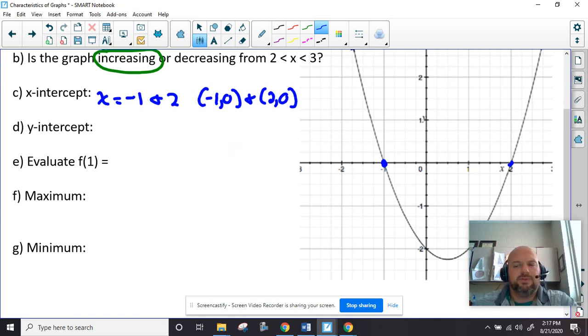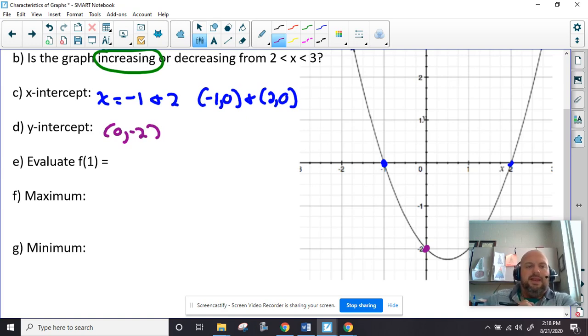And you kind of have to really read, like on the homework later, really read it, because this is a matching type thing, and for this problem, it will say like coordinate or x value or y value. All right. Now, our y-intercept, where does it touch the y-axis? Well, that's right here at (0, -2).